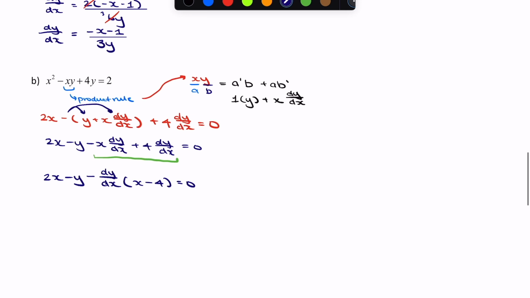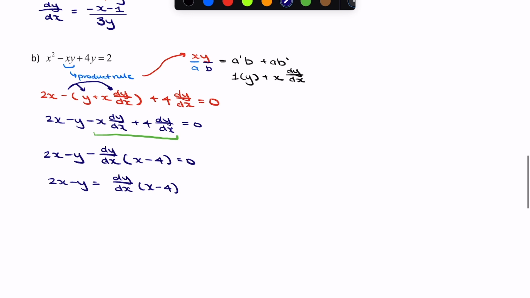So now we're going to move everything over to one side and isolate for dy over dx. So move the dy over dx to the other side. So here we have 2x minus y is equal to dy over dx times x minus 4.